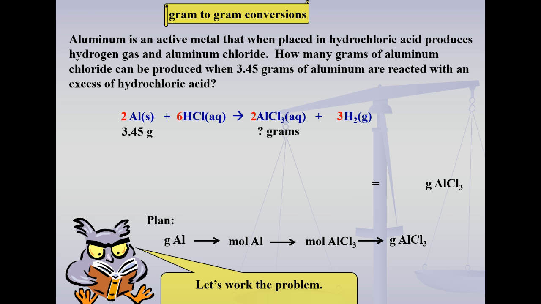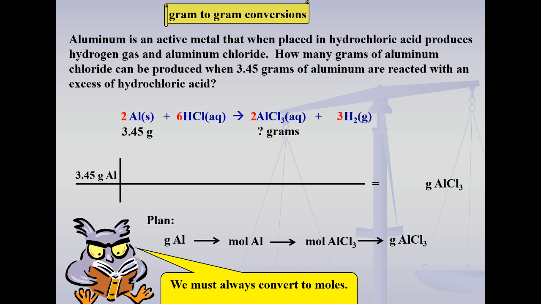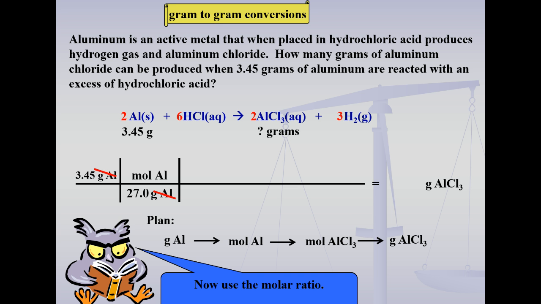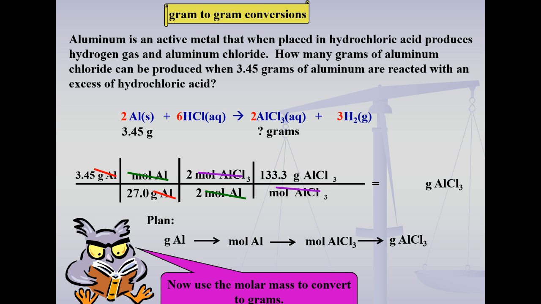Okay, now we're going to solve the problem. And the answer is 17.0 grams of aluminum chloride.